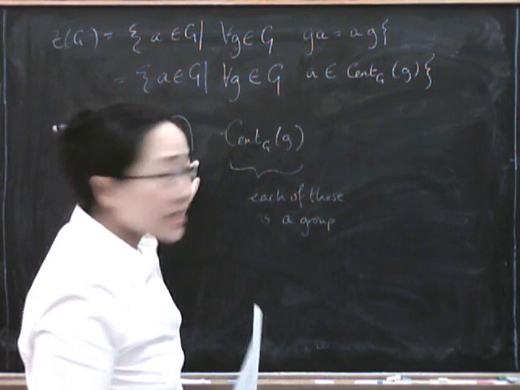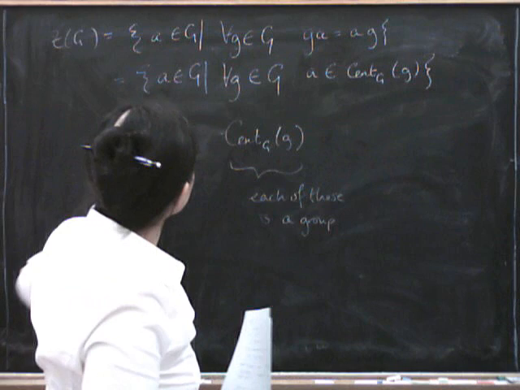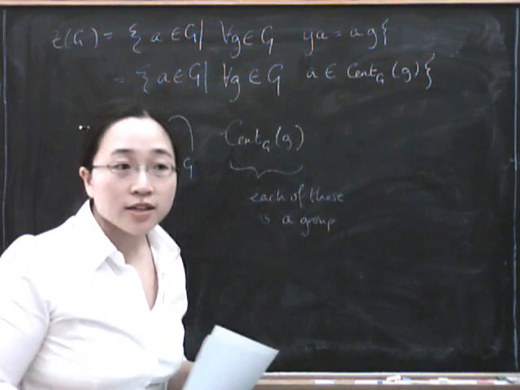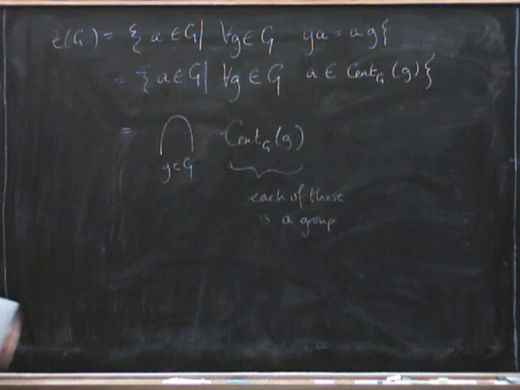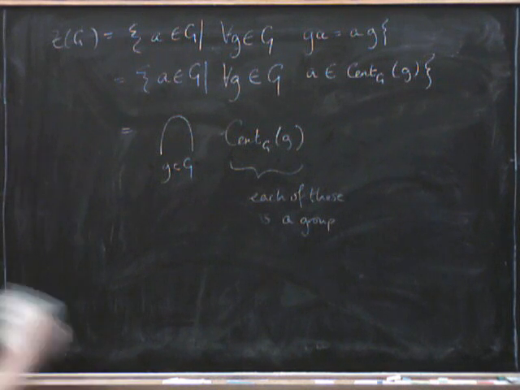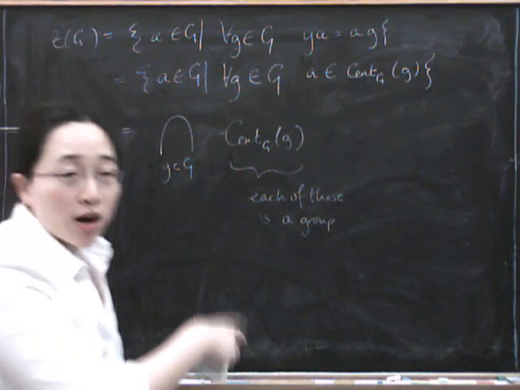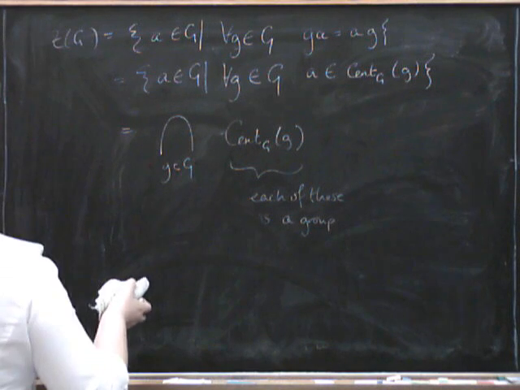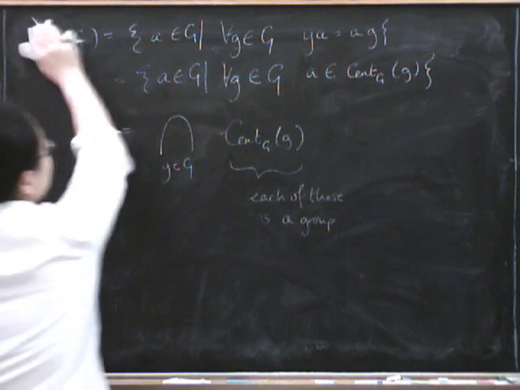And we know that the intersection of groups is a group. So this immediately tells us that the center is a group. But it's better than a group because it's actually a normal subgroup of G. So now we can sit down. If you didn't understand that, don't worry about it because you don't actually need it. We're going to sit down and prove directly that this is a normal subgroup of the group.